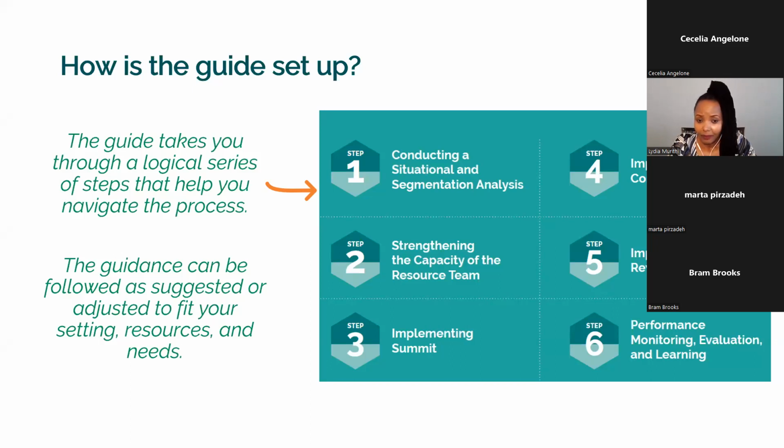That said, though, a question was submitted that asked about how to balance between adaptation and fidelity to the model, which I think is a great question. The good news is that we do address this particular question fully in the guide because we clearly lay out what aspects of the model you need to adhere to and what elements you can adjust to fit your context. Next slide.